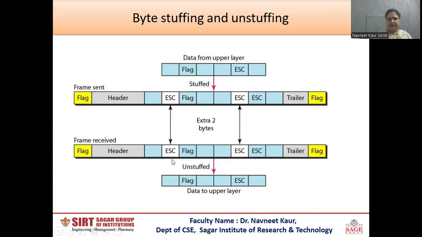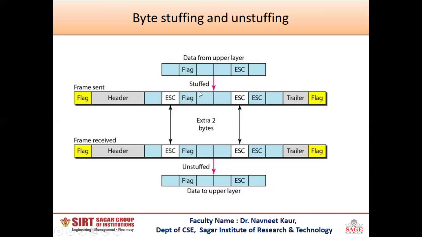When this frame is received by the data link layer at the destination, the header and trailer are removed, and also the flag bytes which are acting as delimiters are removed, and the useful information is obtained. Here we can see that the ESC bytes which were added before these flag and ESC bytes are also removed, so that this can be interpreted as the data which is to be communicated to the upper layer.